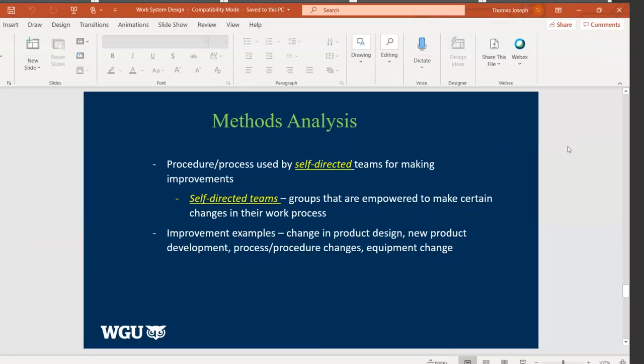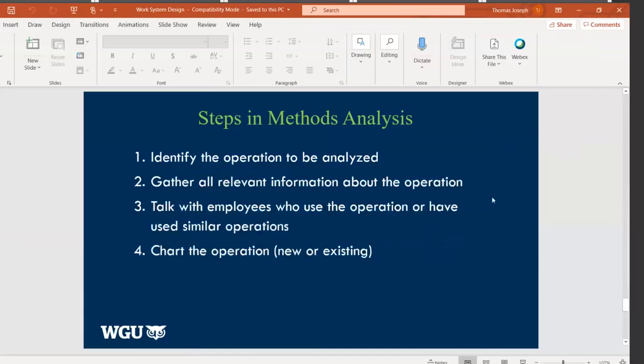Self-directed teams represent a group of people who are empowered to make changes in their work process. You may think, I have operated in that function at one time. So part of a methods analysis, some examples include a change in a product design, maybe a new product development, maybe changes in processes and procedures, or even a decision to change equipment. That's part of a methods analysis.